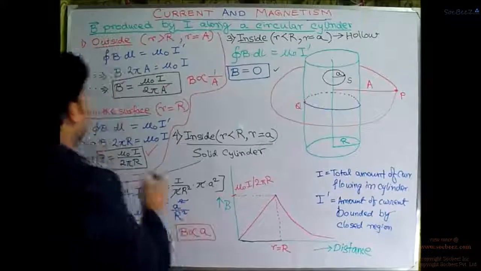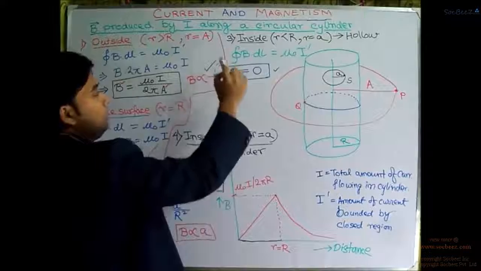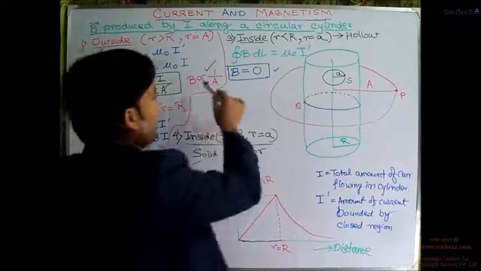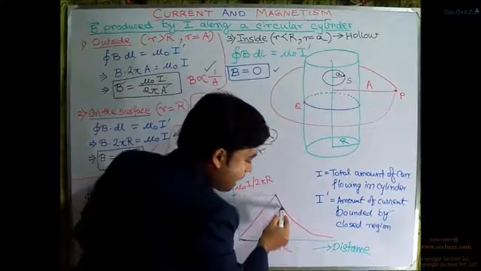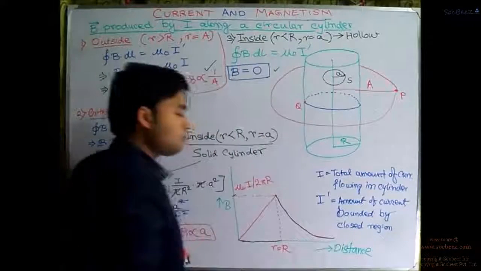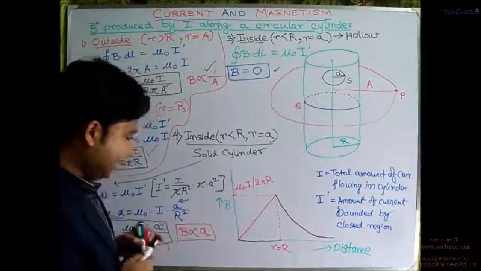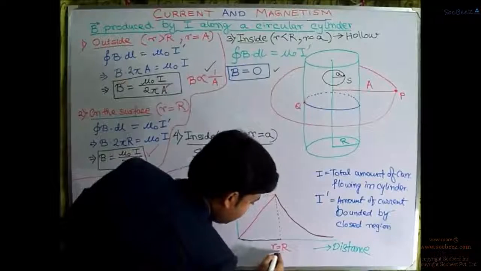And after we go away from the surface, it takes the relation that B is inversely proportional to a. So the graph will be like this, right?